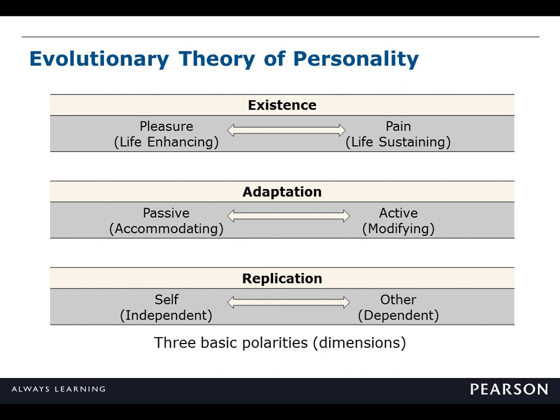Or an active orientation on the other end, modifying the environment, changing things so that it meets the needs of the individual. Once again, some balance is called for. Some ability to be able to modulate between those two extremes is very important for best mental health outcome.